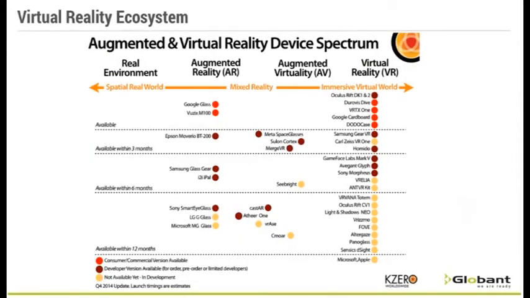So here, and this is from the K0 website, there are a couple of numbers. In this case, this is the list of devices that are currently being developed. And if you see here, right now there are a lot of companies that are starting to think about and work on mixed reality and immersive virtual reality.